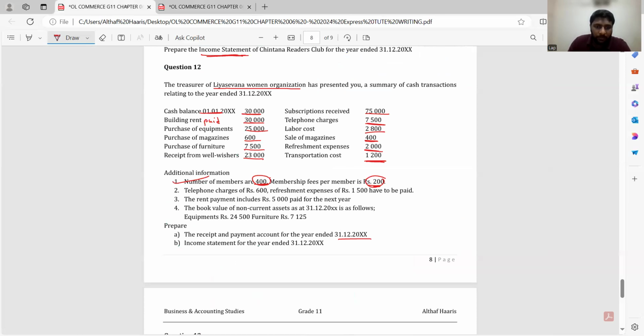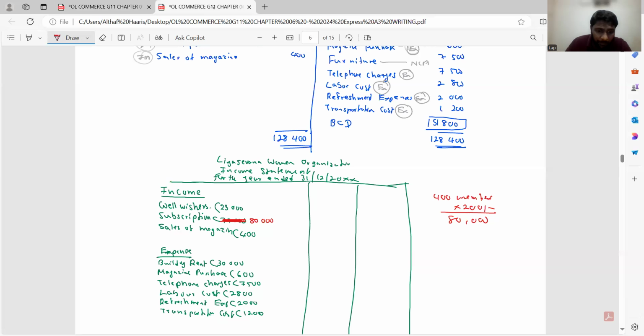Next one. Telephone charges 600, refreshment 1,500 have to be paid. If you take the telephone charges, 7,500 is the paid amount. Another 600 we have to pay. So total we have 8,100.